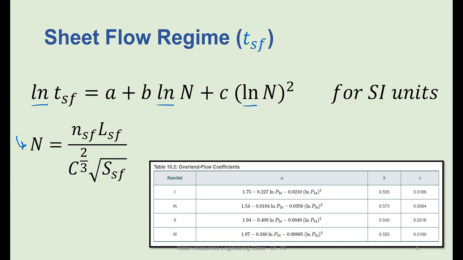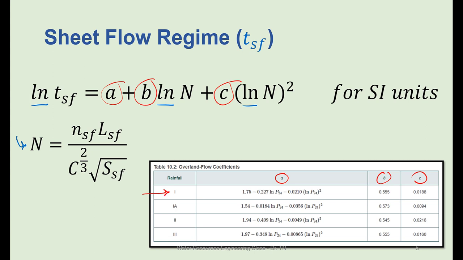C was your runoff constant, S was slope, N was Manning roughness, L was length. And then in addition to that, you have 3 parameters, A, B, and C. And you can find that A, B, and C over here for each rainfall type.